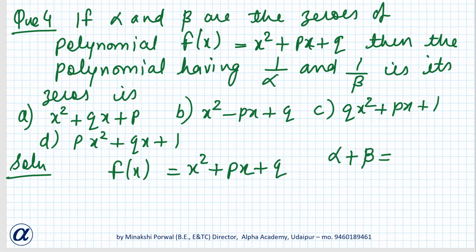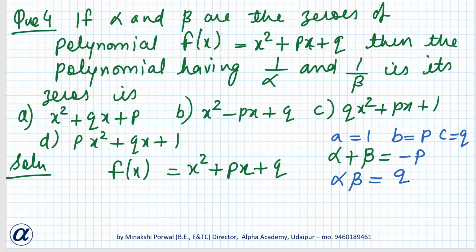For finding this, value of a is 1, coefficient of x square is 1, b is p and c is q. So a is 1, b is p and c is q. Alpha plus beta is minus b by a. Alpha into beta is c by a.